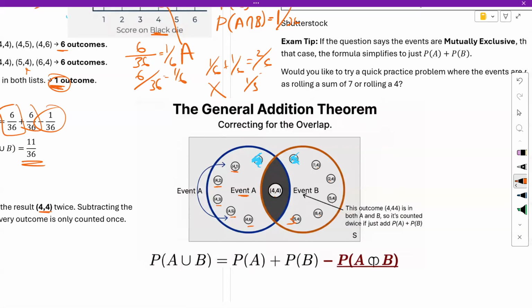You see now, 1, 2, 3, 4, 5, 6, 7, 8, 9, 10, 11.